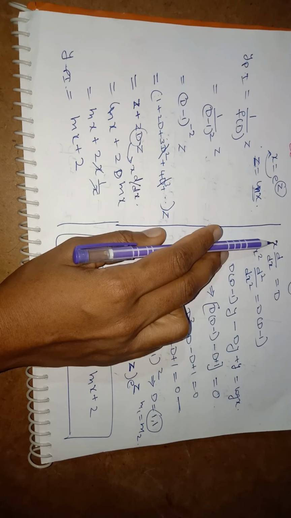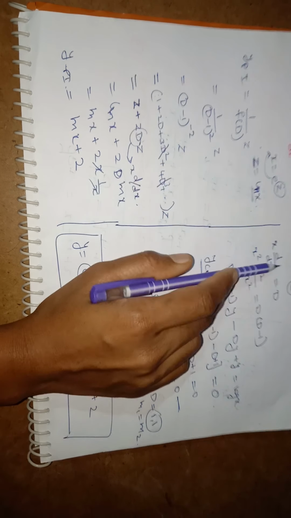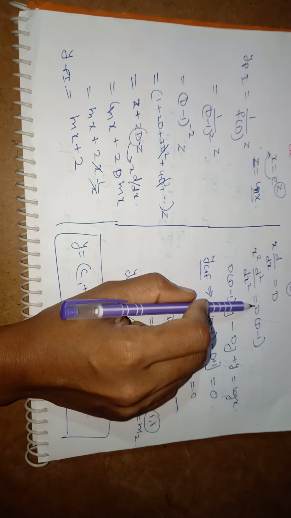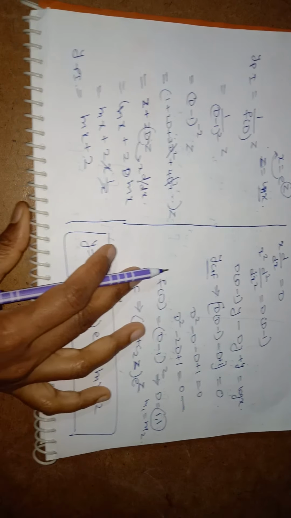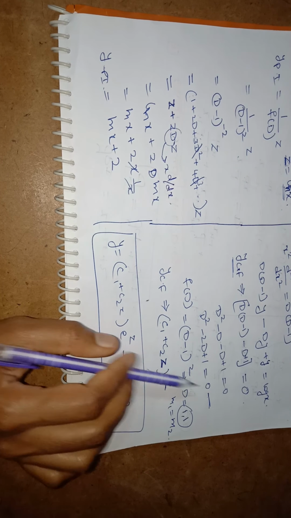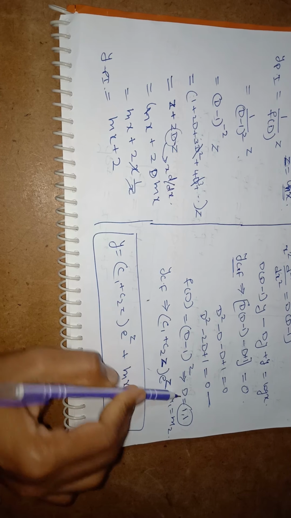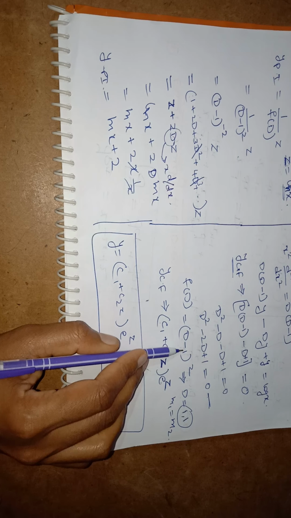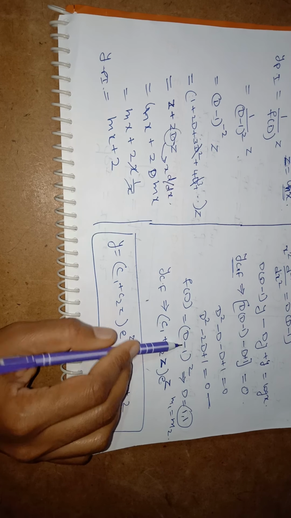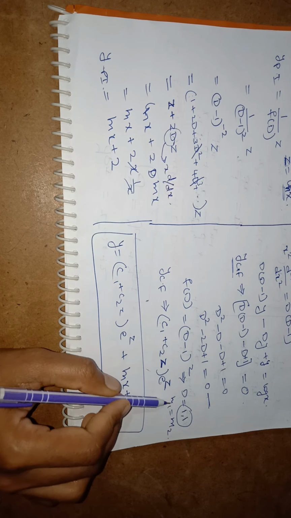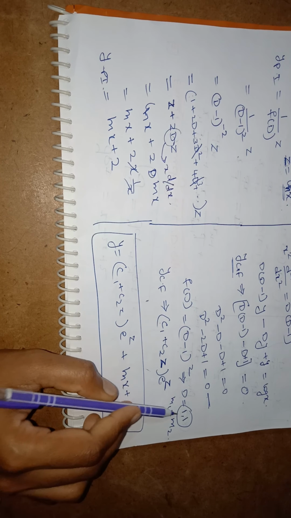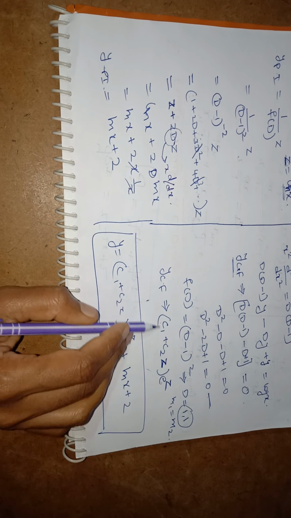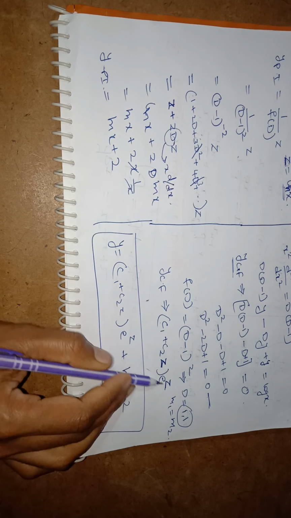So using x into d by dx is equal to D, and x square d square by dx square equal to D into D minus 1, we find the auxiliary equation, and from here we will find the roots, that is D equals 1 comma 1. Here, as we have D minus 1 whole square, from here we can find D is equal to 1 and 1, where these are real and equal. m1 is equal to m2, and the complementary function will be equal to c1 plus c2 into z, e power z.